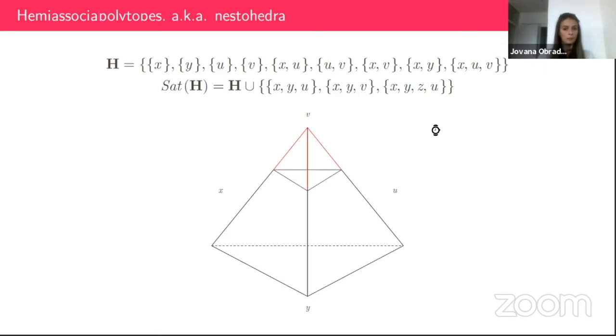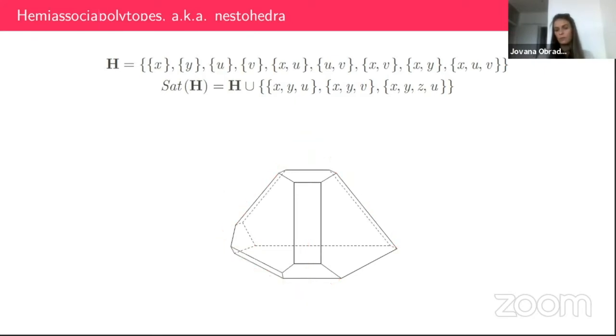So I truncate. Then these two will give me two more truncations of vertices, this one and this one. And now you may guess that these four hyperedges of cardinality 2 will correspond to truncations of the edges of the simplex. So I truncate. Okay, so that's it.